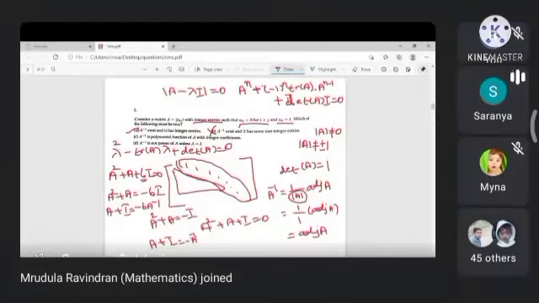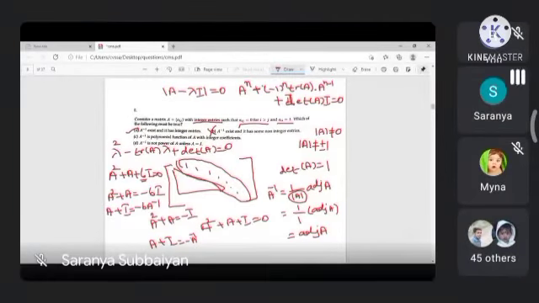What will happen? The determinant is an integer, so it will come to this side, right? So A inverse is equal to minus 1 by 6 times A plus I.